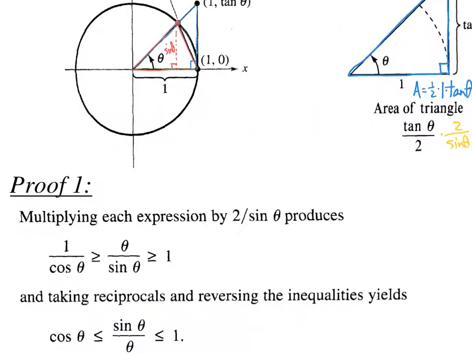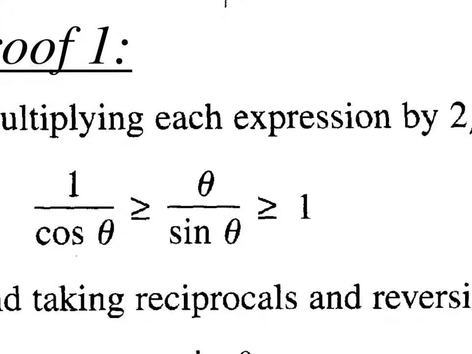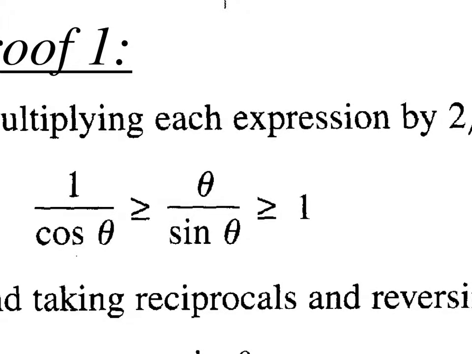And notice what we end up with: tangent over 2 times 2 over sine. The 2's cancel. And tangent, remember, is sine over cosine. If I'm multiplying it by something over sine, then the sines will cancel. And that's how I get the 1 over cosine.